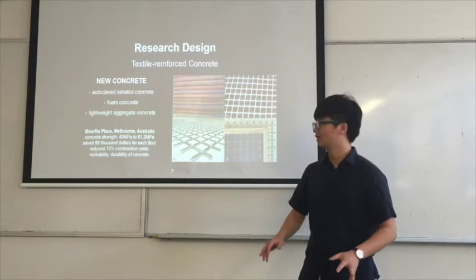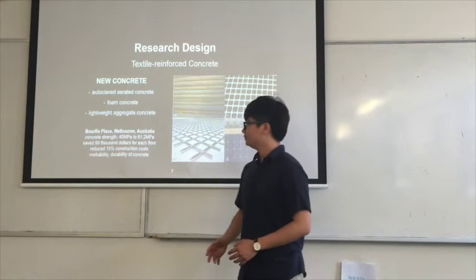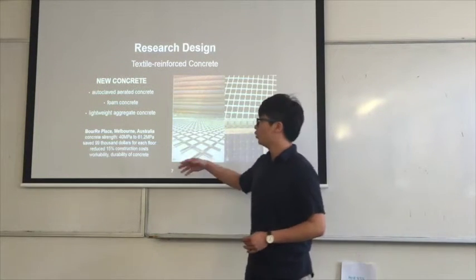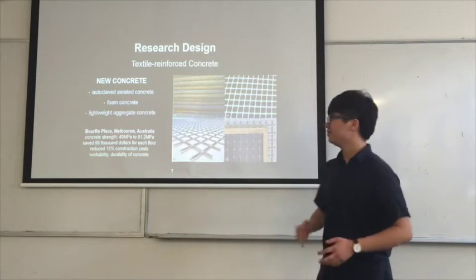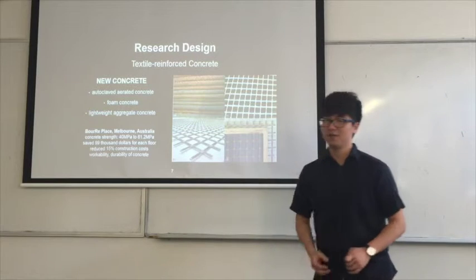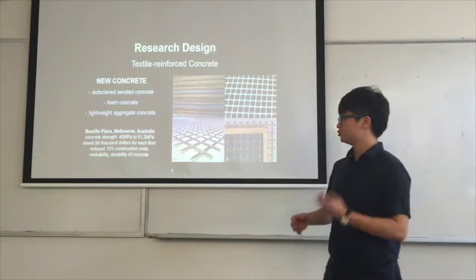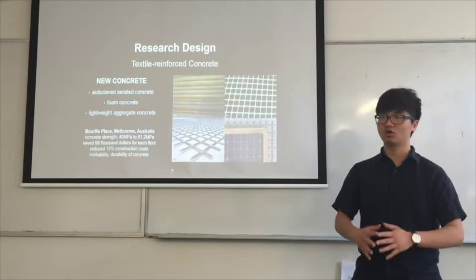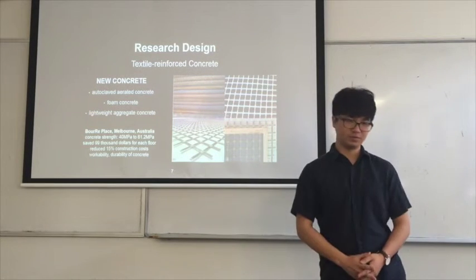That's really a large amount of money. The concrete has workability and durability. There are a lot of advantages to using the new concrete: high strength of the concrete, high strength of the building, but low cost. That's really good for the building.